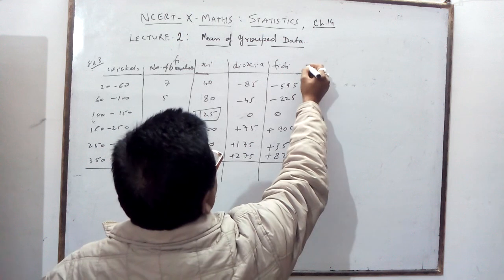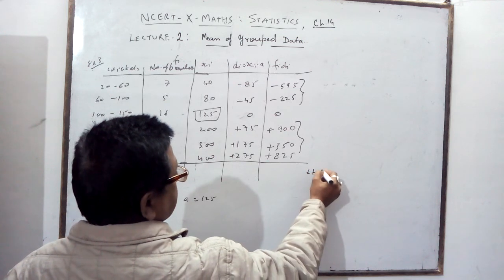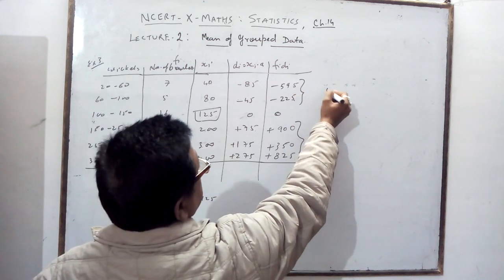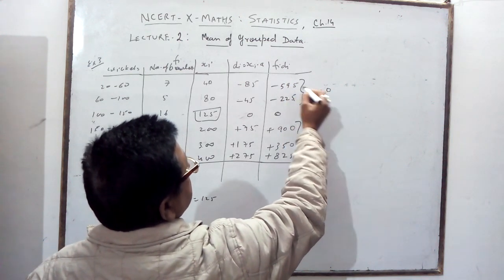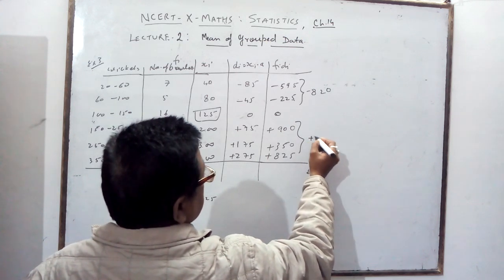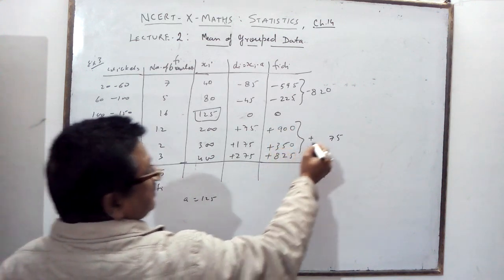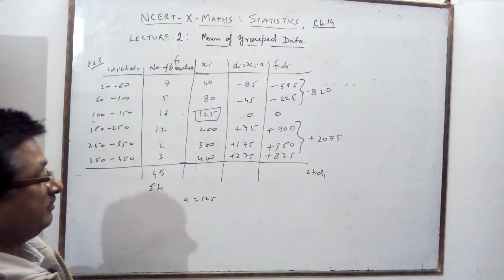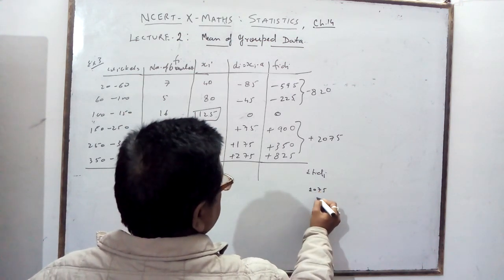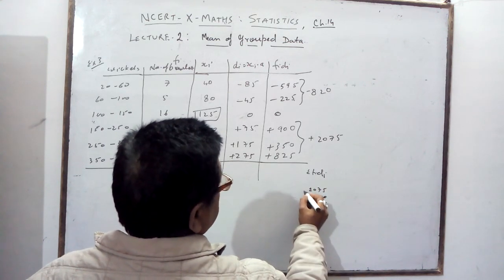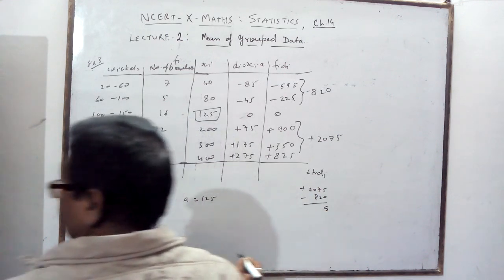Now you will find the sum of these, sigma f_i d_i. Here what will you get? 5, 5 plus 2, 7, 20, 75. Then you subtract 20, 75 and 820. 20, 75 plus 820.